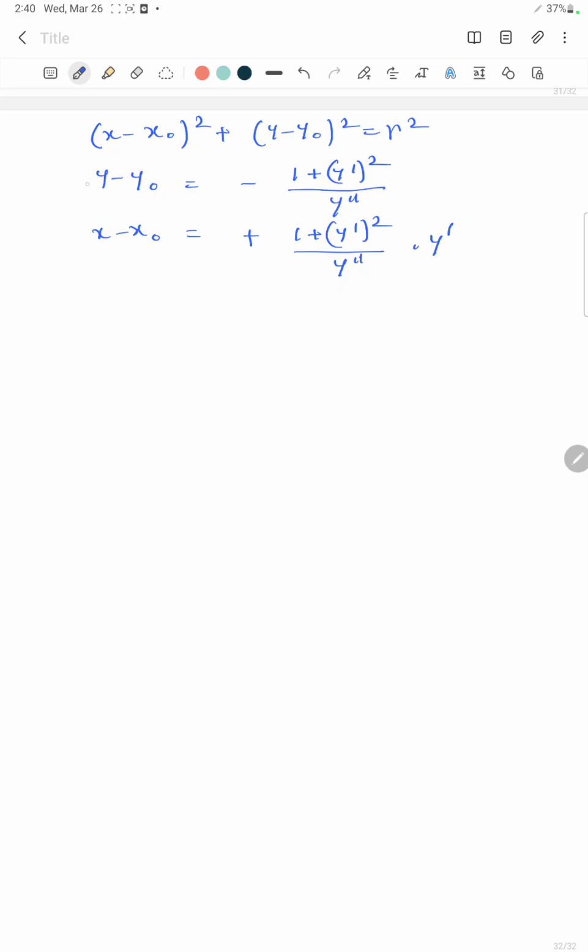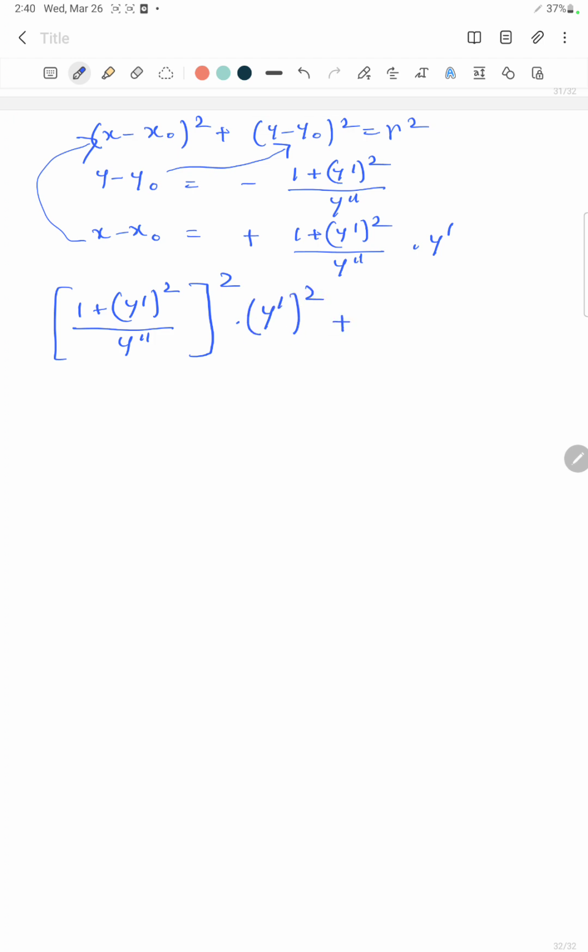Now, if we replace y minus y naught here and x minus x naught here, then we will get 1 plus y dashed square by y double dashed, so the whole square of this thing into y dashed square plus y minus y naught, for we will get 1 plus y dashed square by y double dashed whole square.